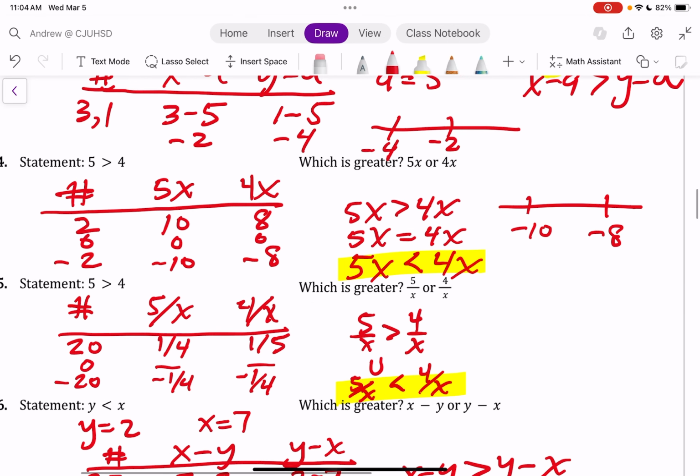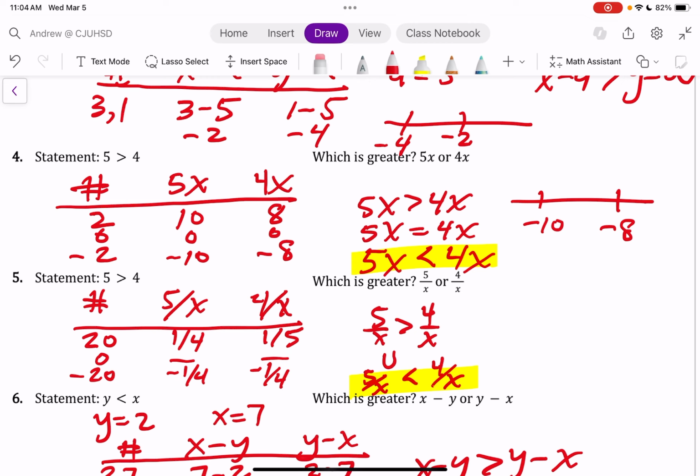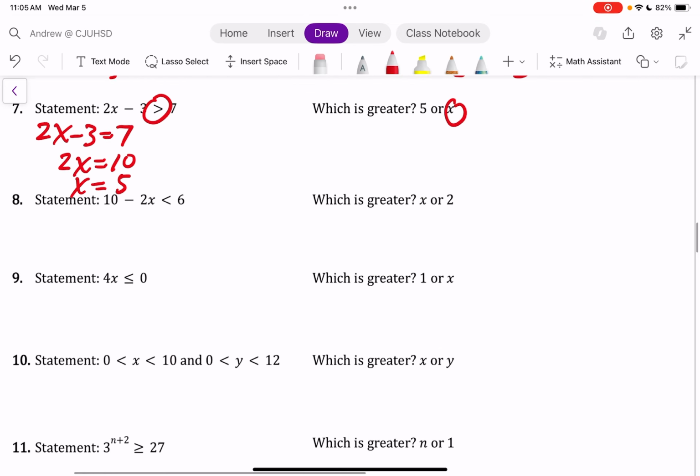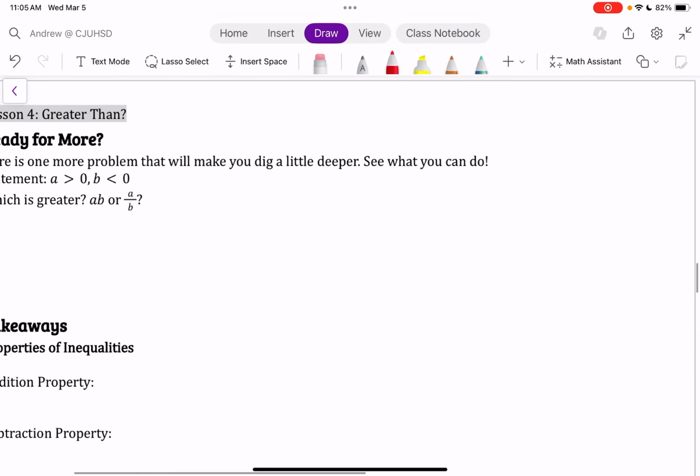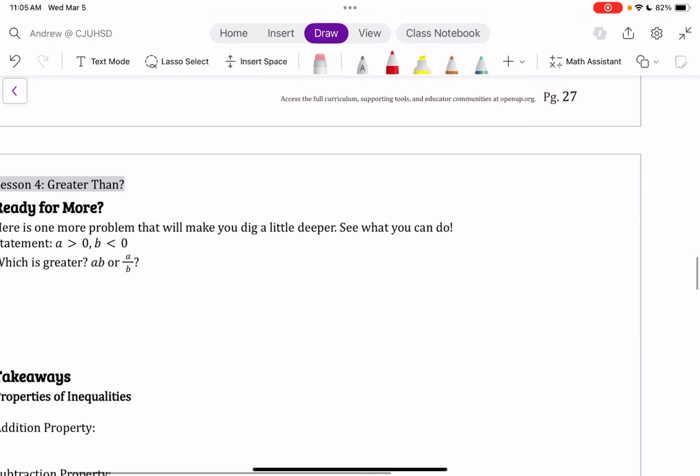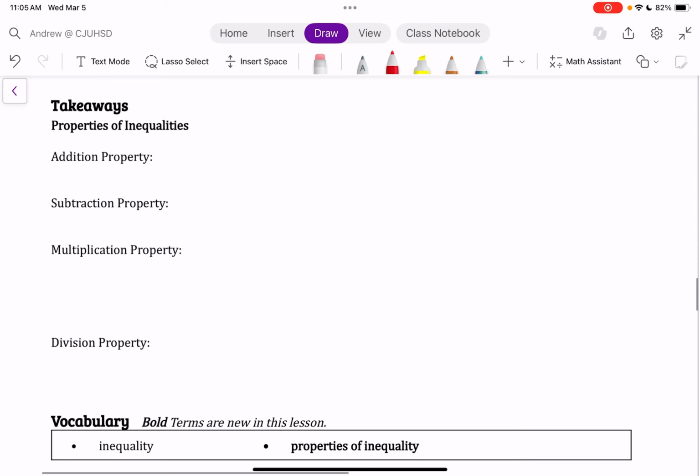But when you look at number 4 and 5, they both have a problem when you have a negative number. That inequality switches around the other way. So let's go to our takeaways. There's some other good problems here, but I want to do the takeaways first.